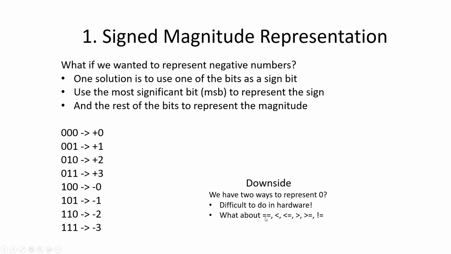Are they exactly equal? Is the negative 0 less than the positive 0? Less than or equal to? So there are some challenges with using this sign magnitude representation. In fact, early computers did use this as the way that they represented negative integers, but I don't believe it's used in any modern machines at this point.